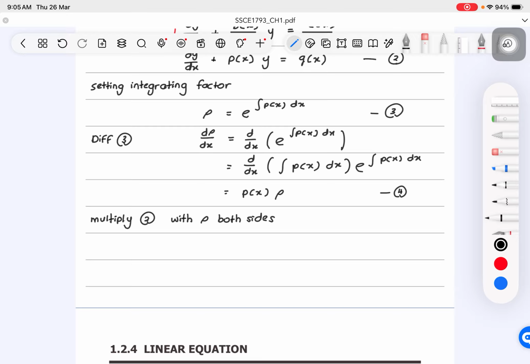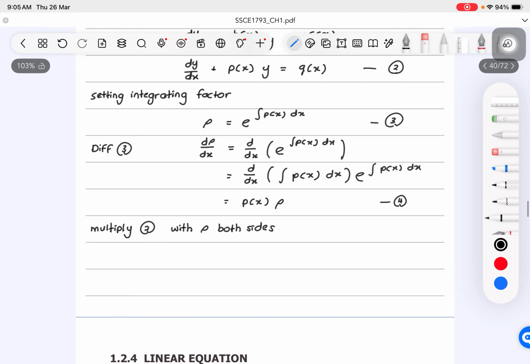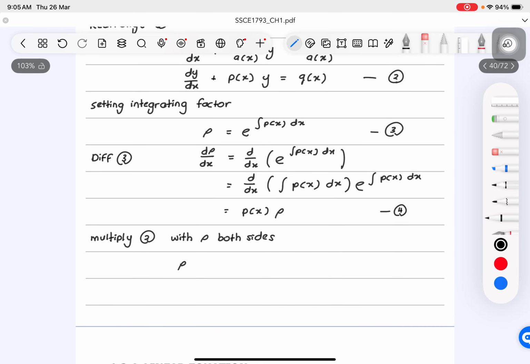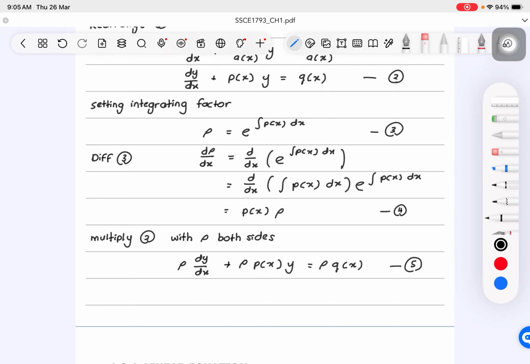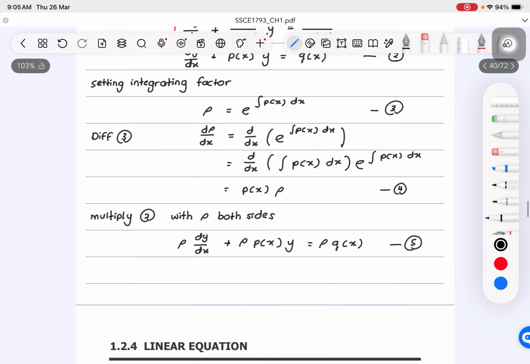So you are going to get rho dy over dx plus rho p(x) y, and then it is equal to rho q(x). Fifth equation.